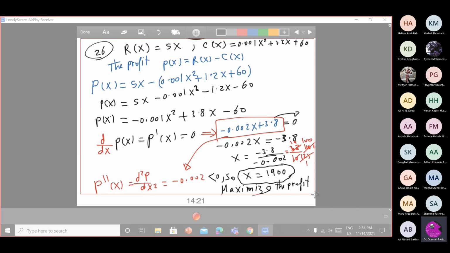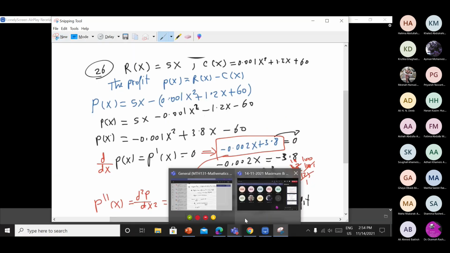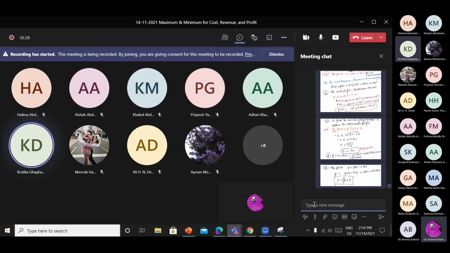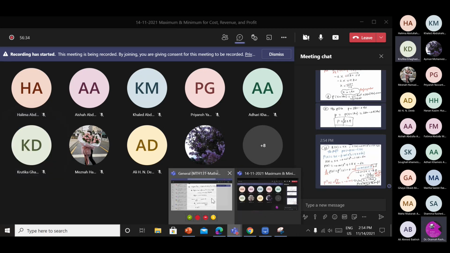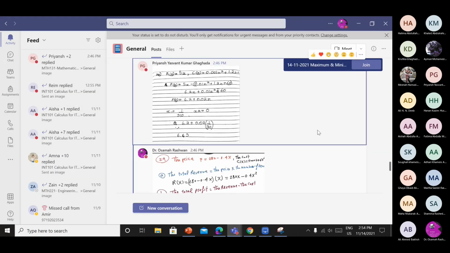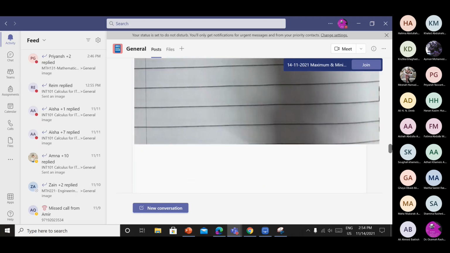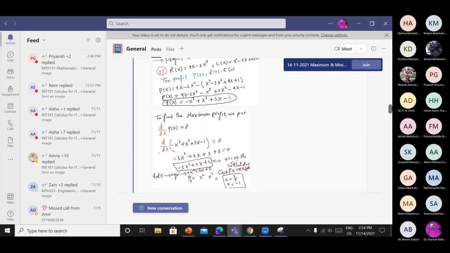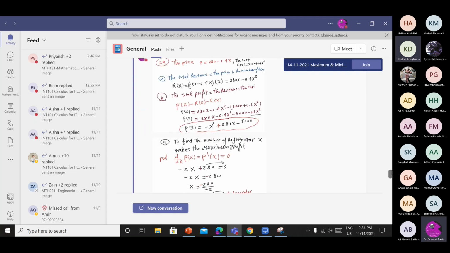Anyone try another one and you would like to check it for him or for her? Doctor, I did 23rd question. Okay. Where is it, Kartik? It's at the top. At the top.